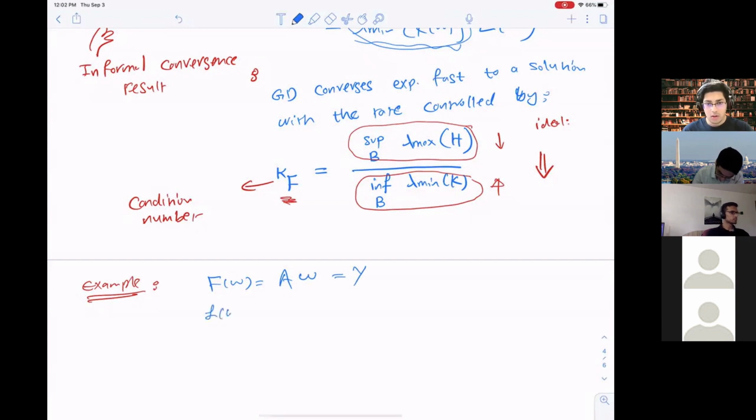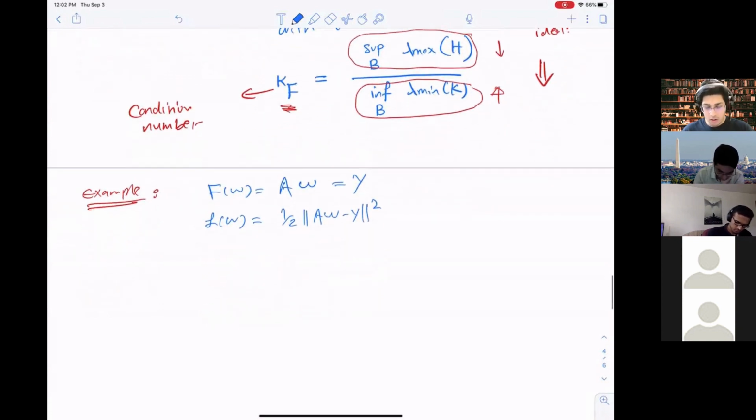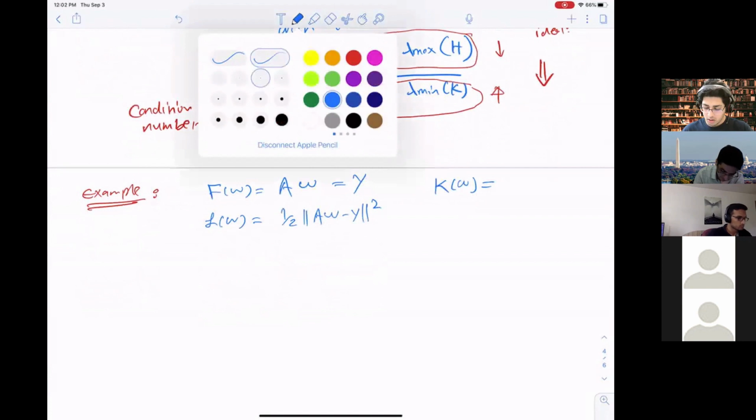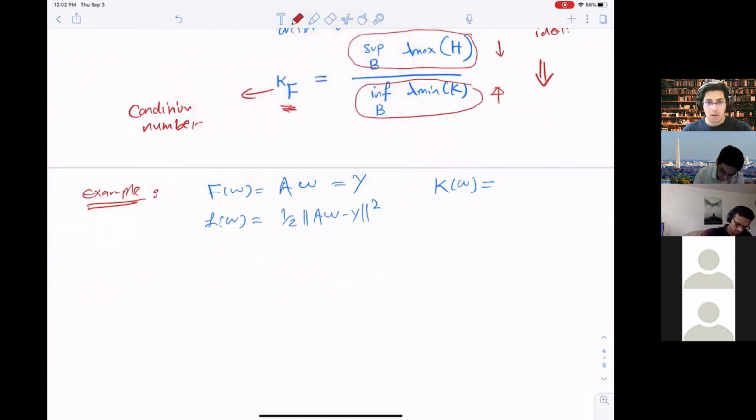And let's say my loss, for simplicity, is just a quadratic loss, the norm of Aw minus y, squared. All right, so what is the tangent kernel? For this, let's first look at the dimensions. This y is in n dimension. What about A?